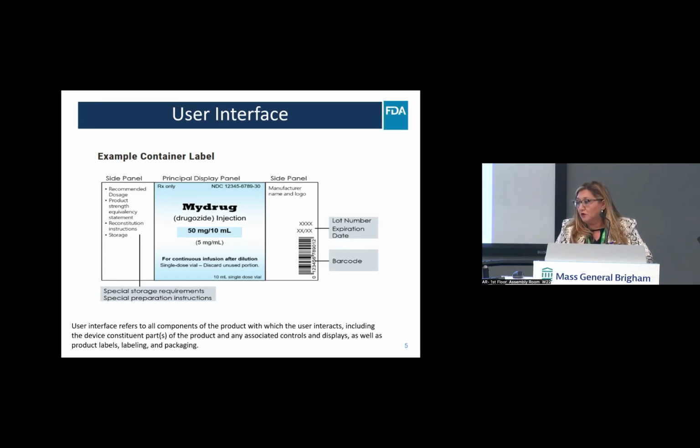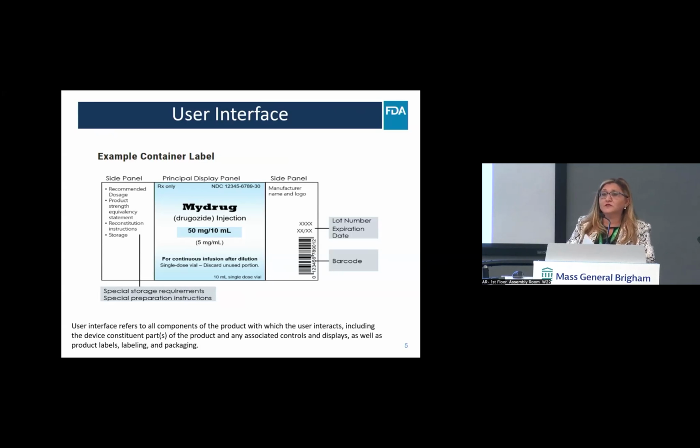When we review, we ensure that the proprietary name, established name, strength of the product, as well as cautionary statements are present if needed. You can also notice there are side panels, and the side panels might have additional information, such as potentially recommended dosage or other relevant storage information.